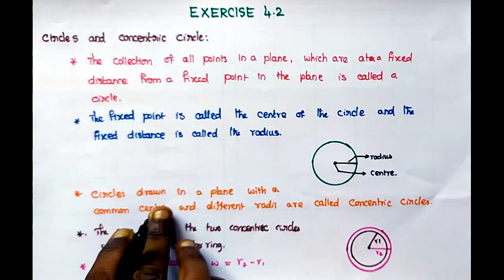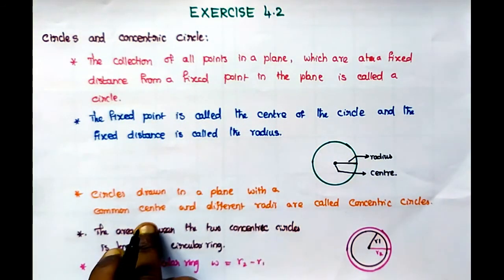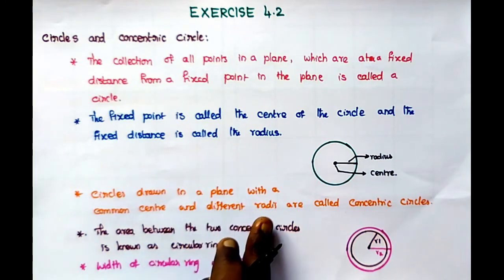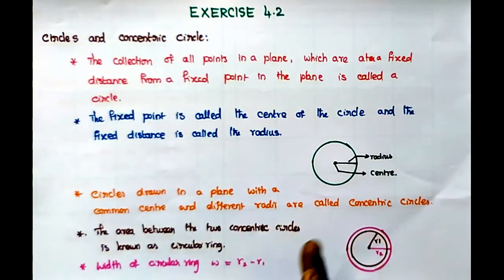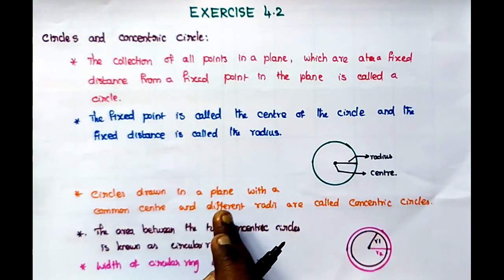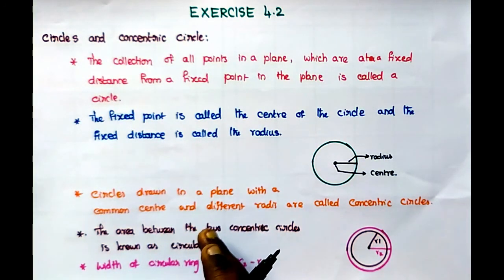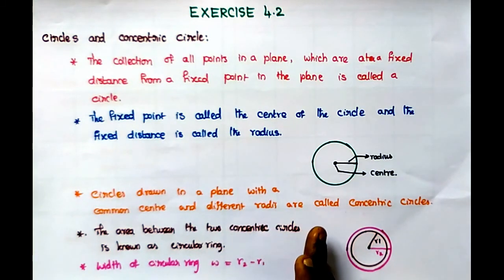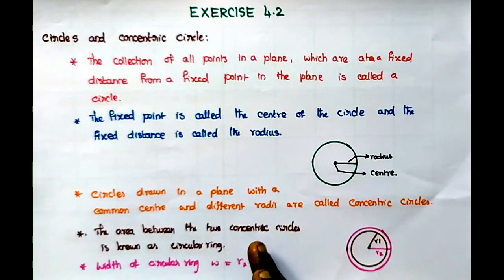Circles drawn in a plane with a common center and different radii are called concentric circles. The area between the two concentric circles is known as a circular ring.